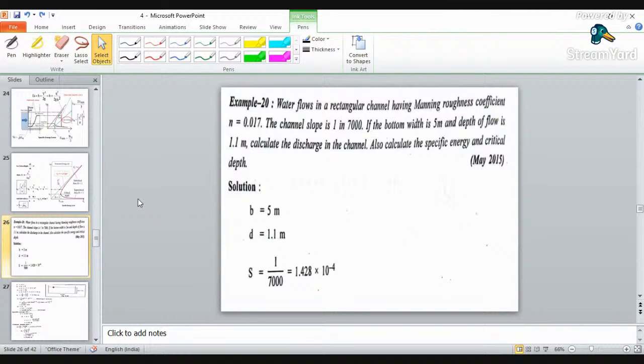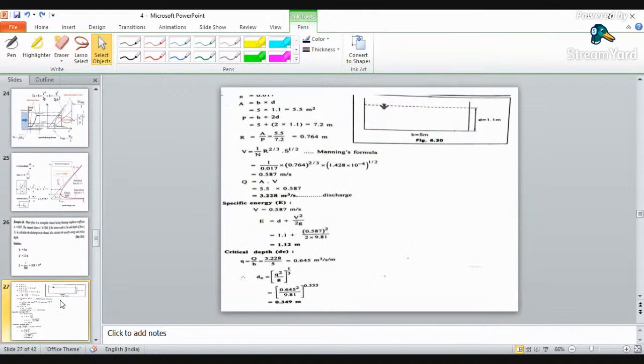In an open channel, the depth of flow will be given. What do we have to find? Discharge in the channel, specific energy and critical depth. Discharge in the channel is nothing but your Q, specific energy is E, critical depth is your Hc. So write down all the given values. N is given to you, that is 0.017.